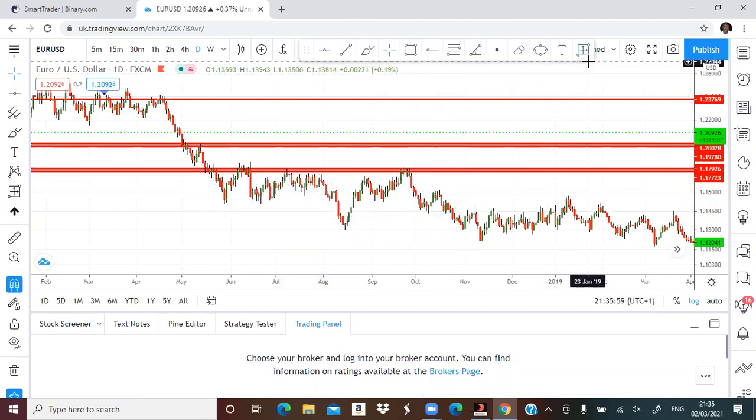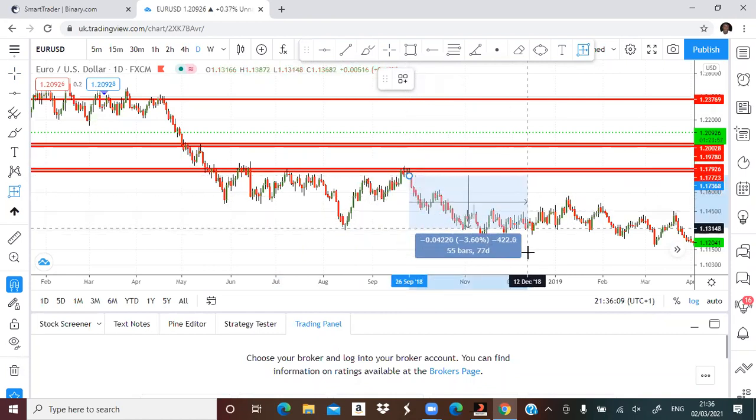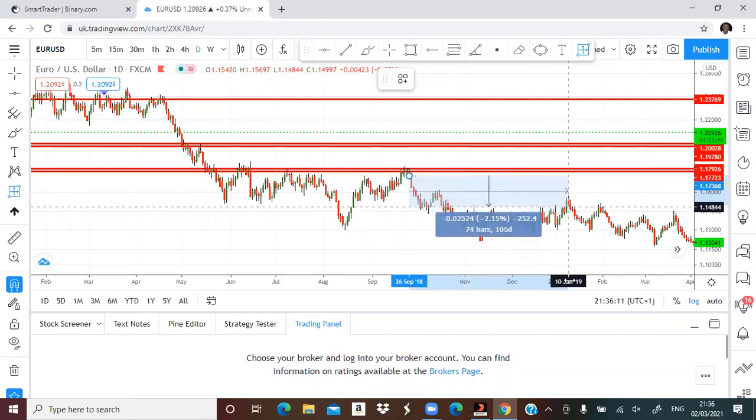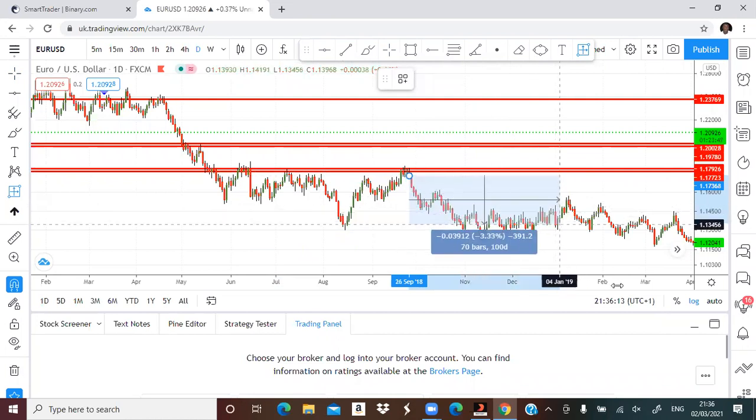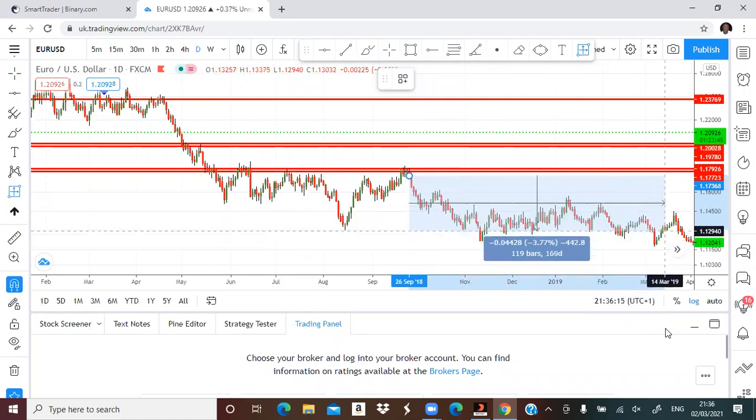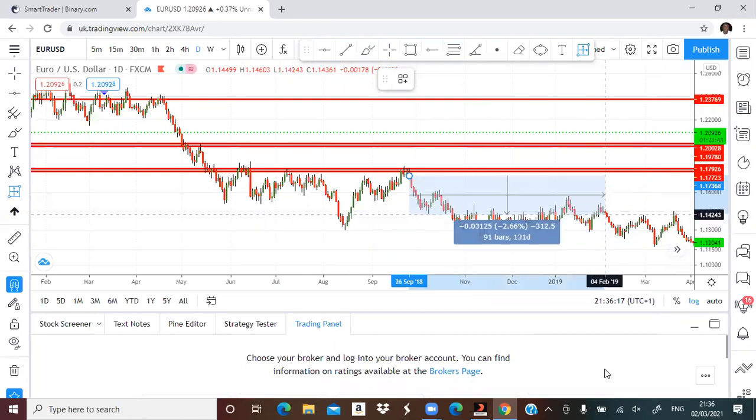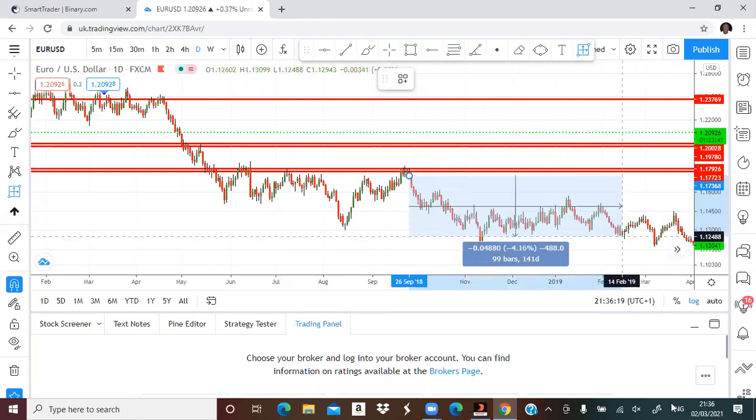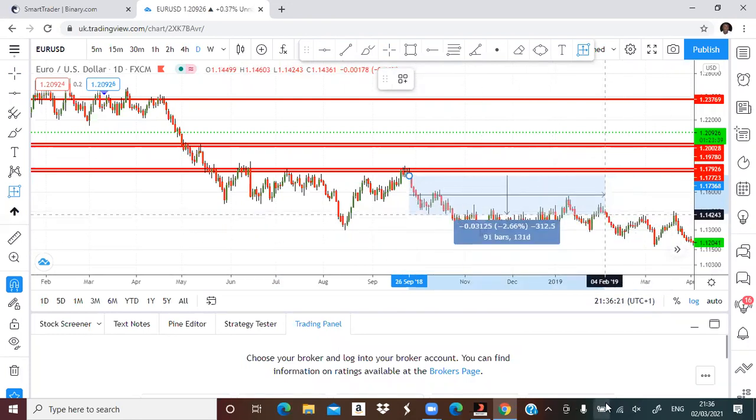Look at price came down here again. This was September 24, 2018. Price got here. Look at what happened. About 300 pips. So this is a very, very strong zone. So you want to take advantage of this zone.